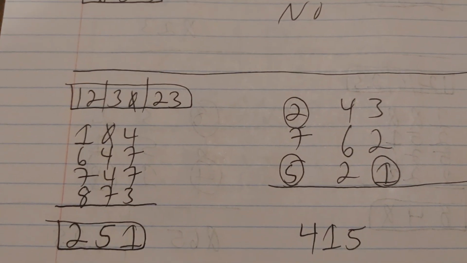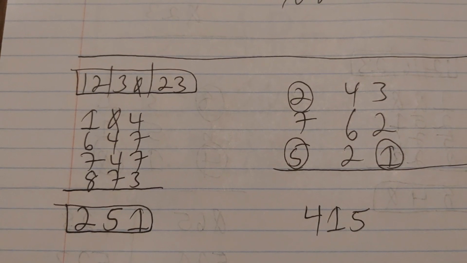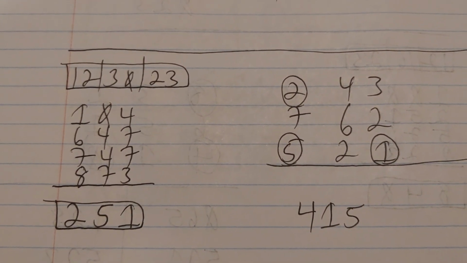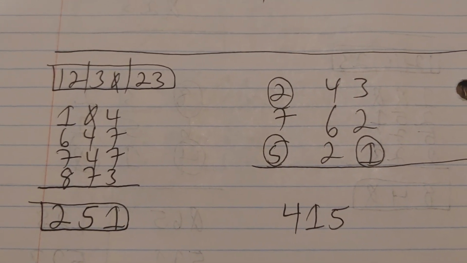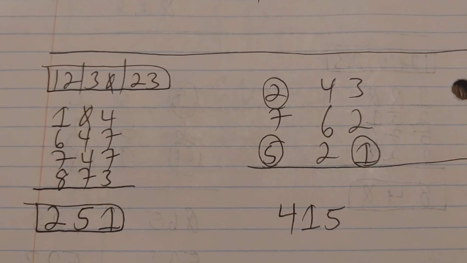And then on December 30th, 2023, you had 104 fall. Prior to that was 647, 747, 873. And then the sum on that was 251. And then in the next 7 days, you had 415 fall from that box.